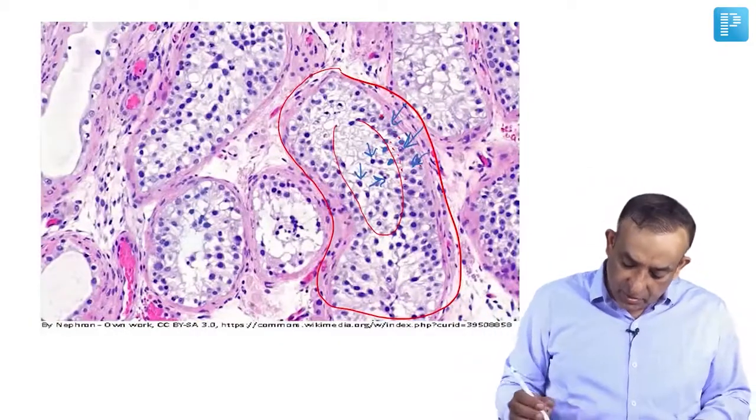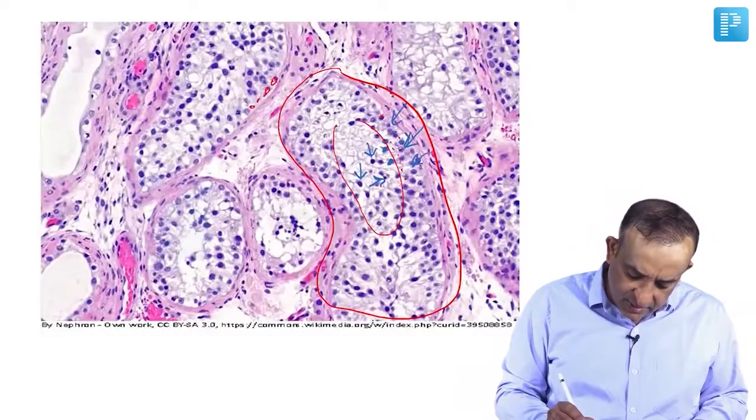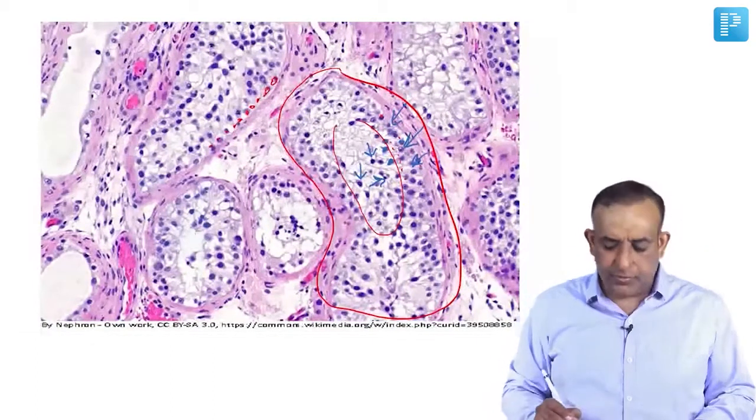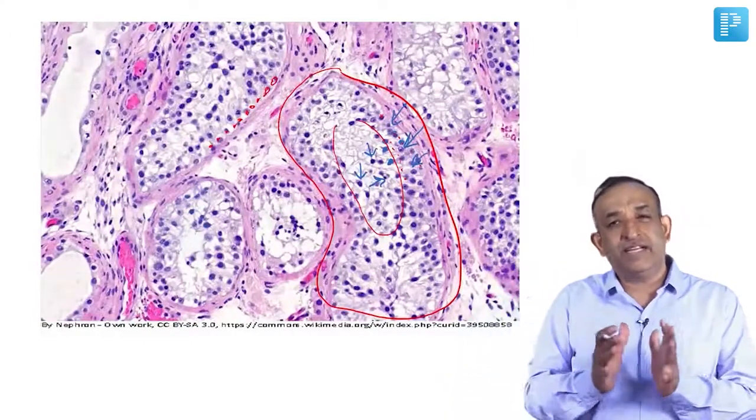All right. We must also see that these Sertoli cells, I'll show you here, are at the base of this tubule, and they have in between them a lot of tight bonds.